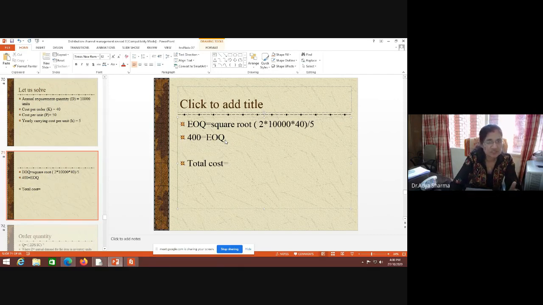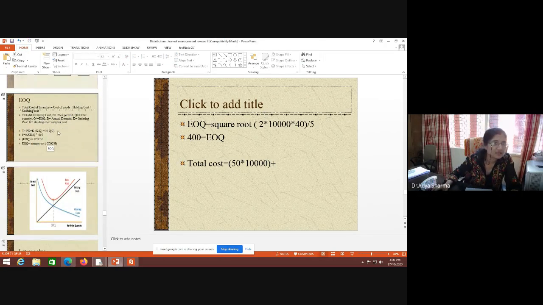What was the total cost? The total cost was the price of the product into demand. What is the price of the product? It is 50 into 10,000, right? Then it was the holding cost. Go back to the formula.